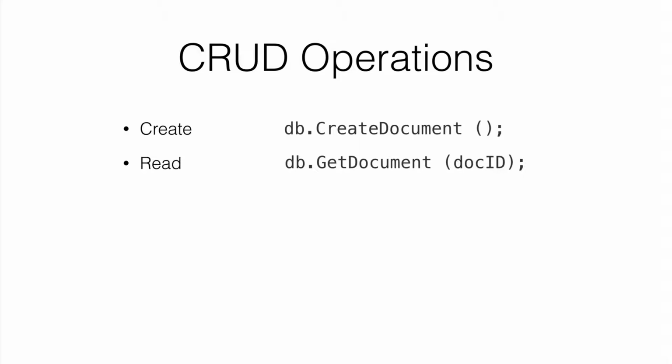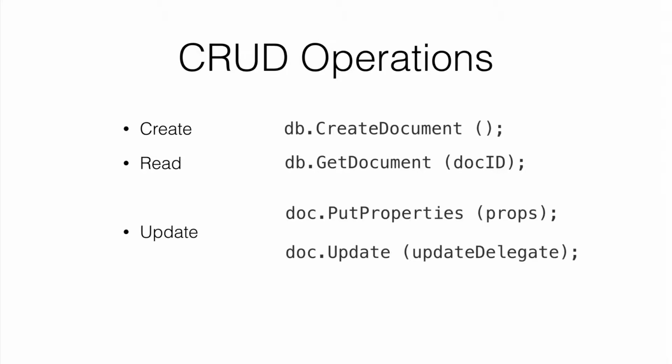If I want to update a document, it's a little trickier because there's a couple ways. I can call on the document class now because I'm actually operating on a document that I have. I call put properties and give it props, which is just that dictionary, just a bunch of key values. Or I can call update, and in the .NET API it takes a thing called an update delegate. The difference being, they'll both update the document and then persist it, right?